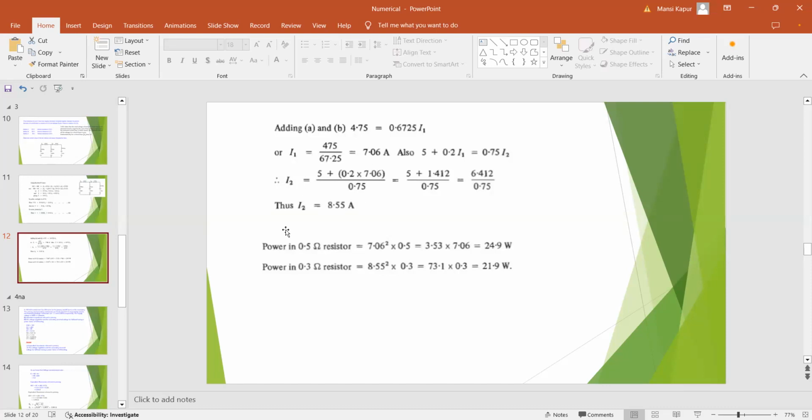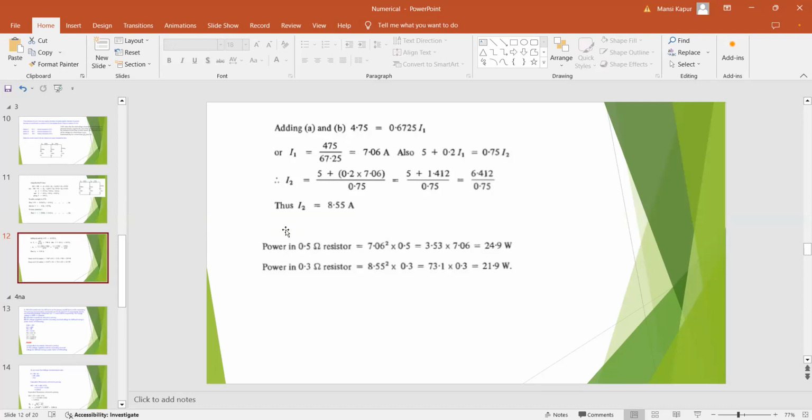I got 7.9. I2 7.82. It's okay. You must have taken maybe the value of I1 longer, 0.7125 fully, right? Okay. So that's why our answers are different. So I'm just writing the same answer, 8.55. I1 how much? 7.06. Just check again whether these calculations are correct or not.